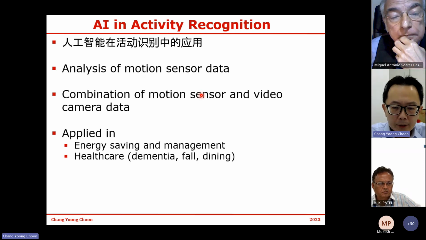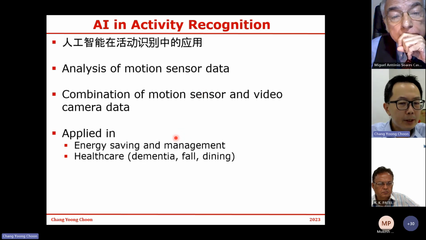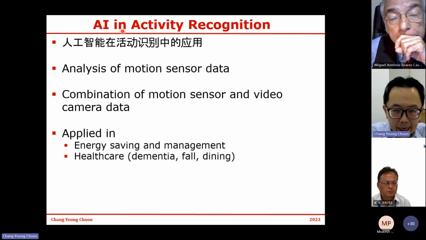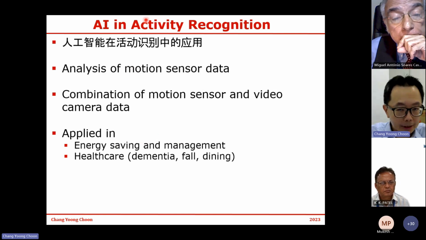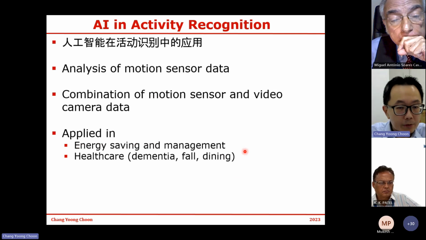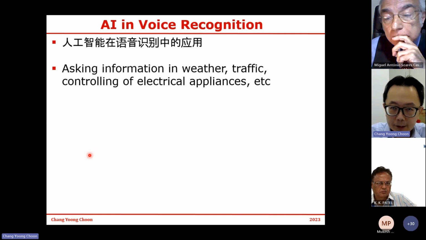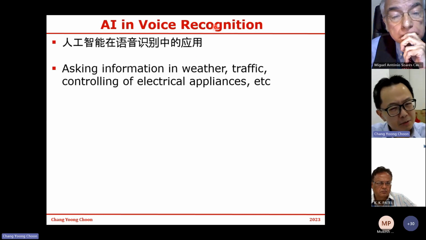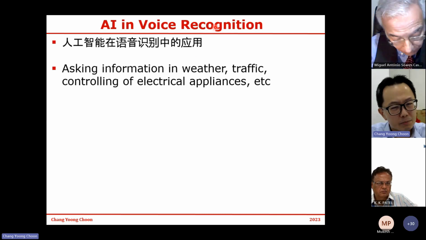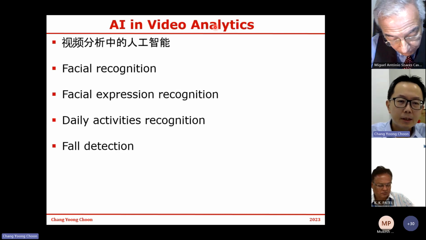The one which, to me, still has a lot of potential is, for example, how we apply AI in activity recognition, especially healthcare-related parameters for the elderly. AI in voice recognition, to me, this research is a little bit saturated.